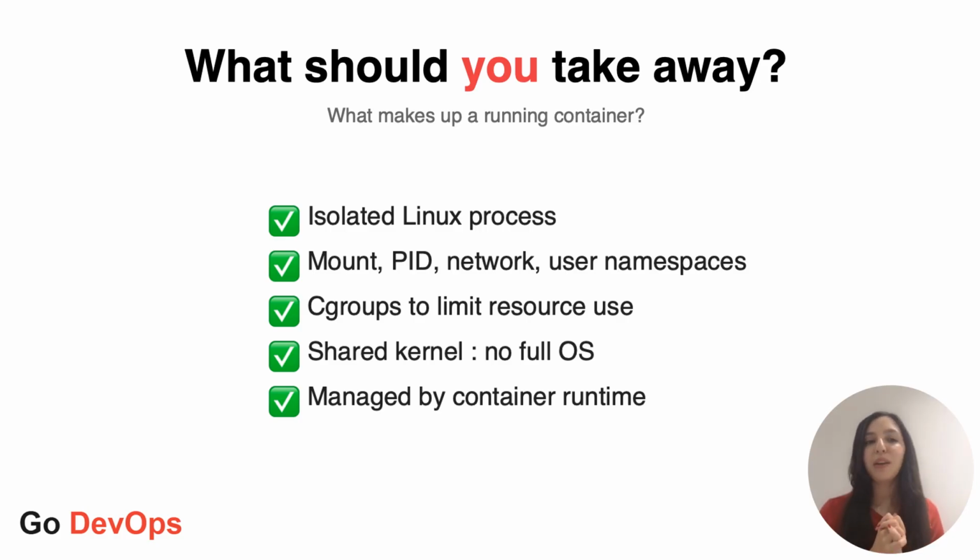So what you should take away from this video is that a container is not a tiny virtual machine. It's fundamentally a regular Linux process, but isolated using clever kernel features. It uses namespaces to isolate key system aspects, including the file system, process IDs, networking, user IDs, and more. And with cgroups, we can control how much CPU, memory, and bandwidth each container gets, preventing resource hogging and ensuring stability.